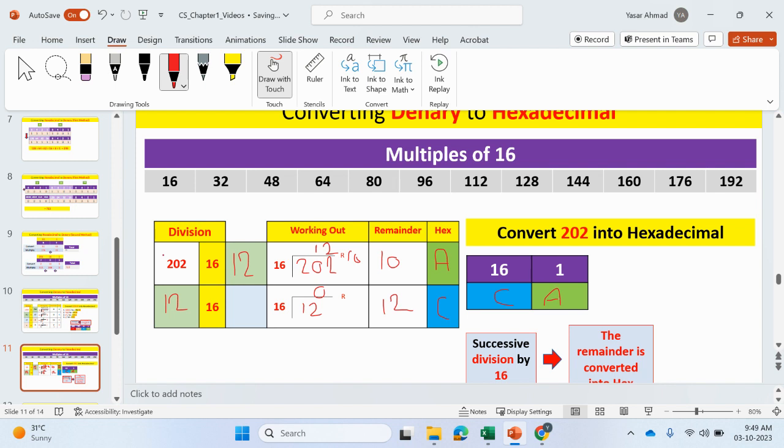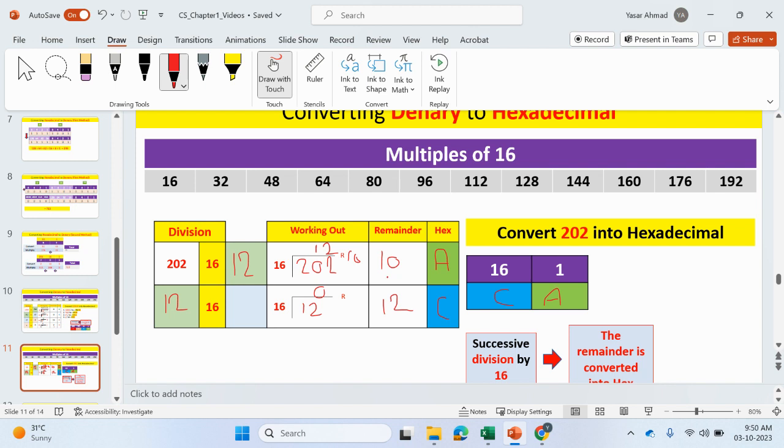Just to remind you before we end this video, you need to divide the number by 16. In the first instance, 16 goes into 202 12 times. We move this number down here, and the remainder is used for the hexadecimal values.